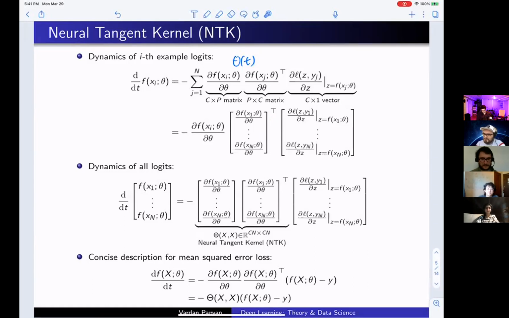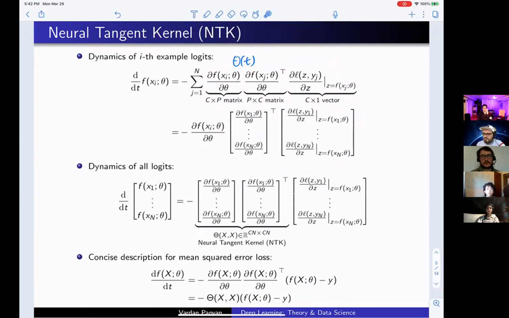So notice that here we have the derivative of f with respect to theta, which is a c by p matrix, because f is c-dimensional, theta is p-dimensional. And here we have df to d theta transpose, which is p by c. Now, at this point, what we're going to do is rewrite these multiplications in matrix form.